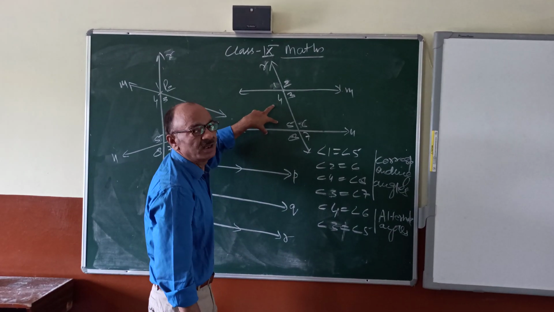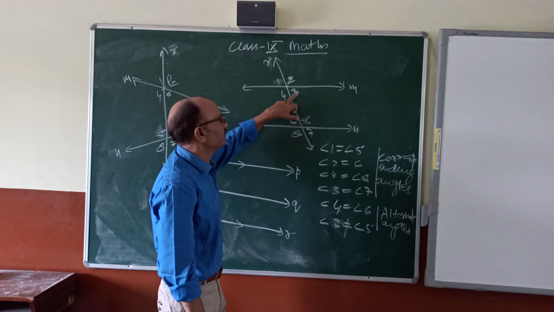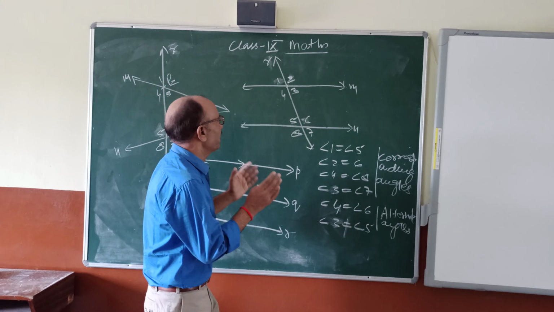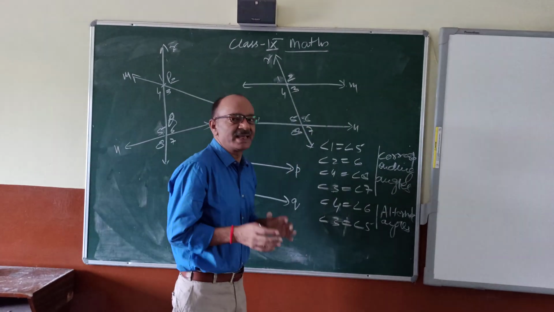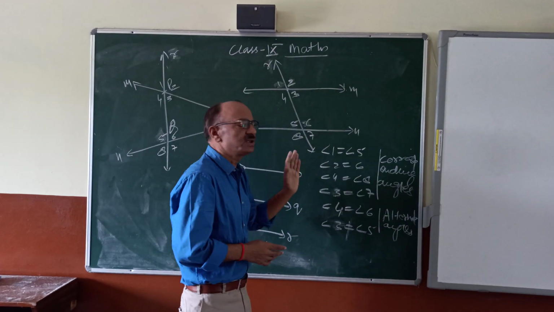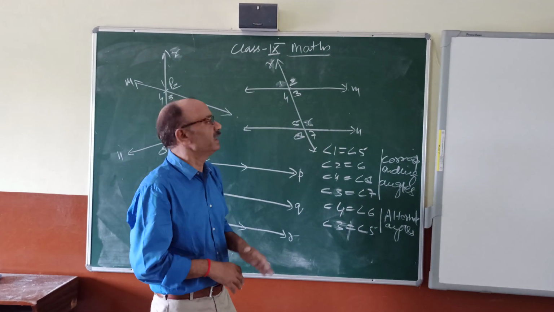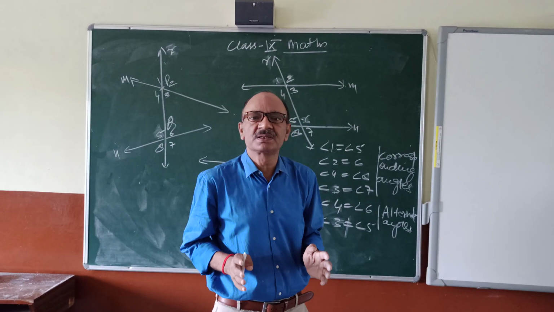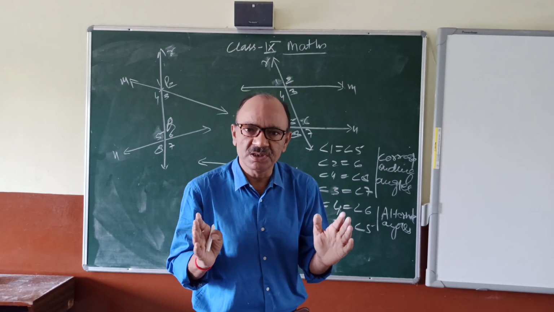Their sum will be 180 degrees, and 3 and 6 sum will be 180 degrees because they are co-interior angles. When the two lines are parallel to each other and the transversal is intersecting, the sum of the co-interior angles is always 180 degrees.